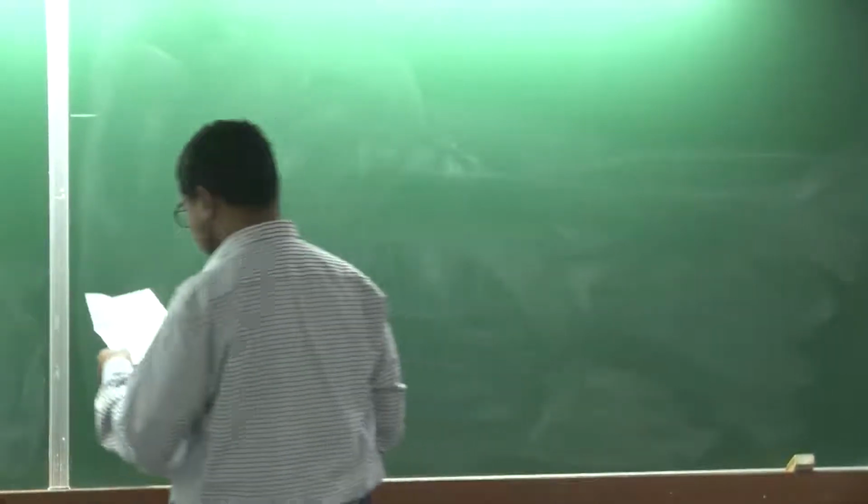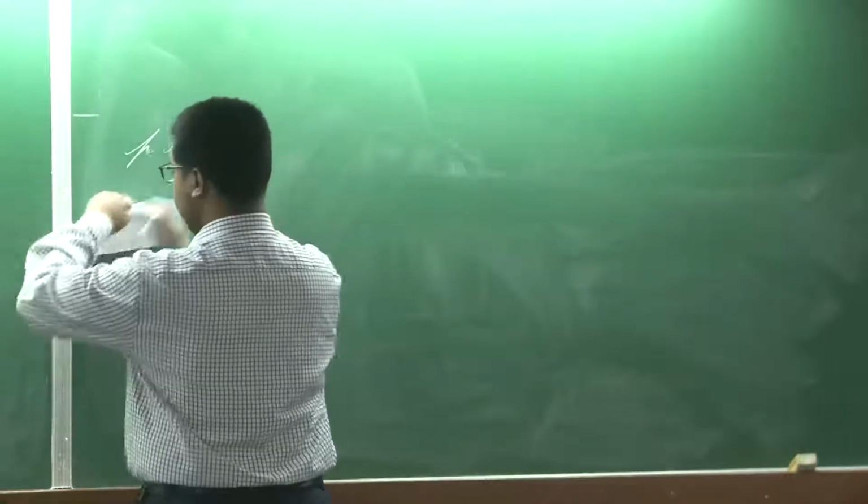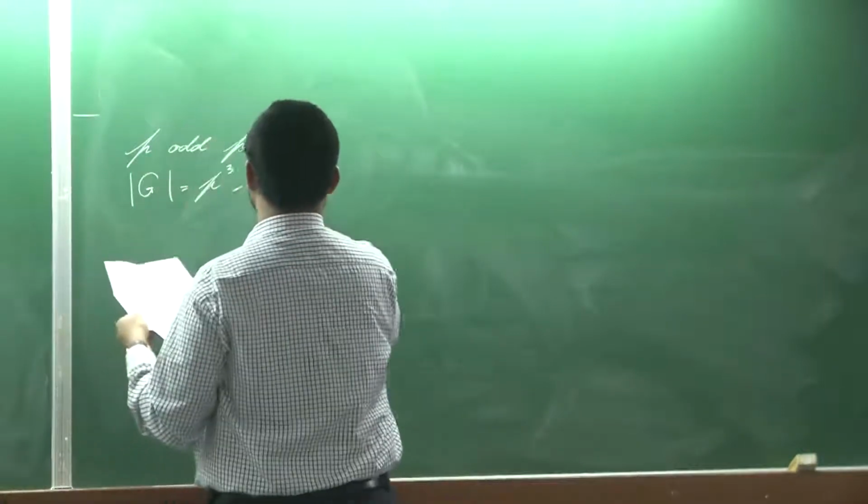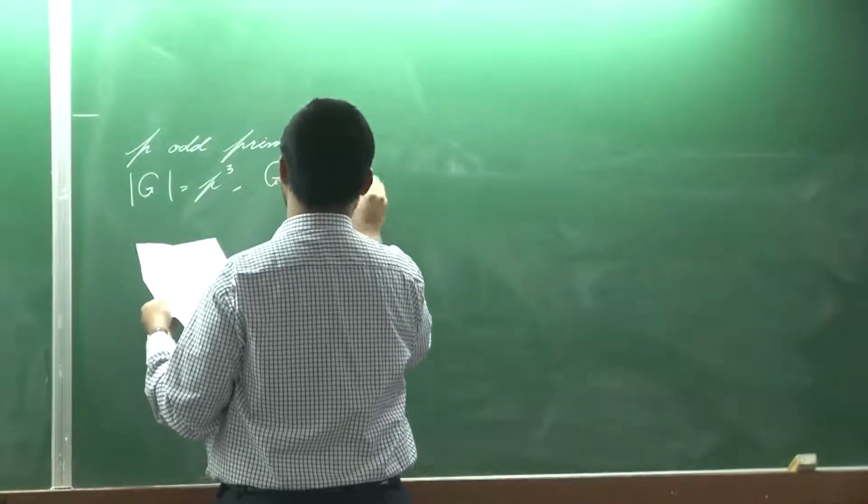So let's start our preparations. Let P be an odd prime and G be a nonabelian group of order P cube.